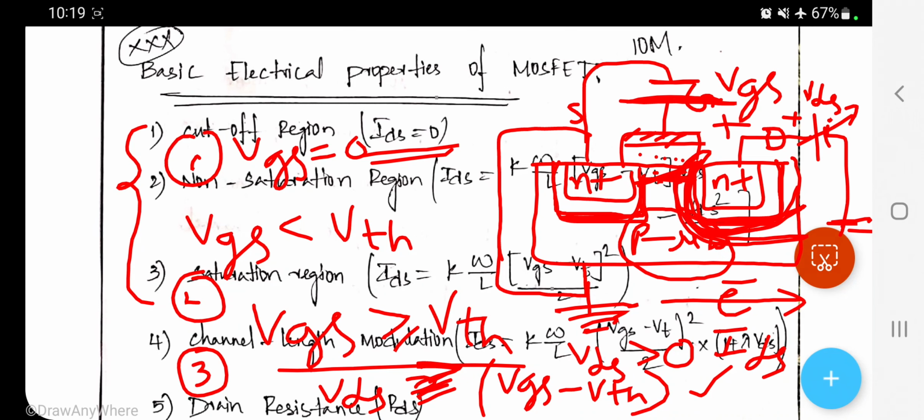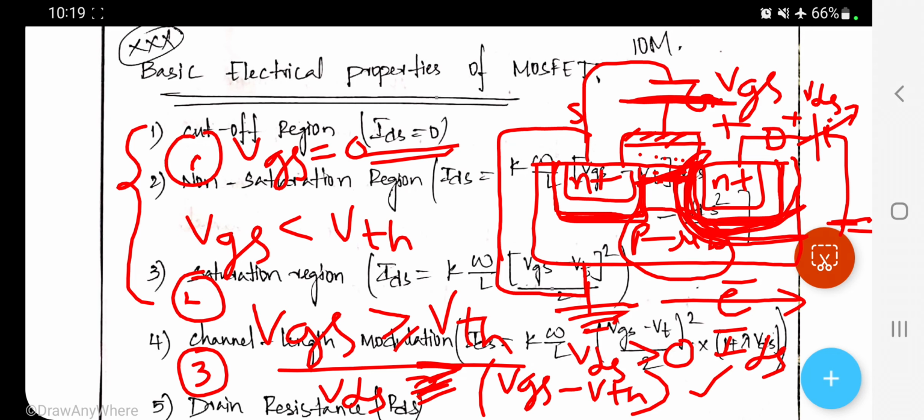But how can we say that the channel is not present? We are saying that the current IDS is going to be the highest current, which is the saturation current. IDS will be highest in this region, which is almost constant. It is like you are watching a bike race. You are sitting and watching a bike race. Somebody is moving at 200 kilometers per hour in front of you.